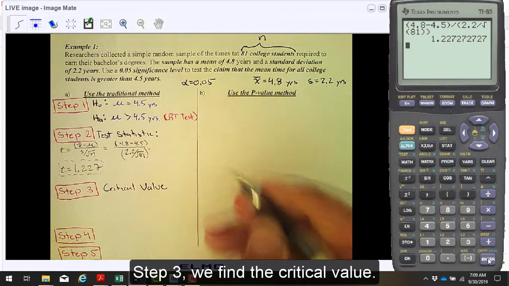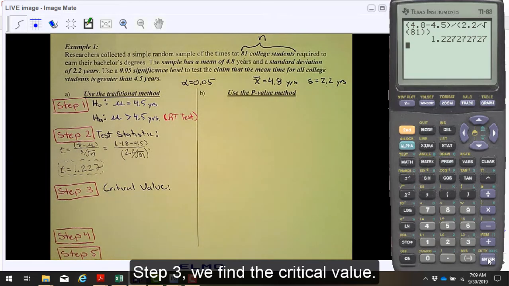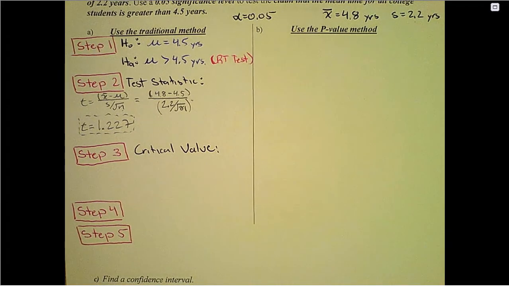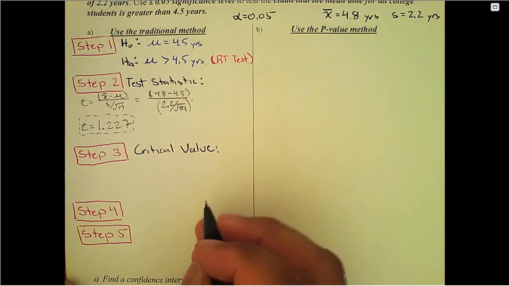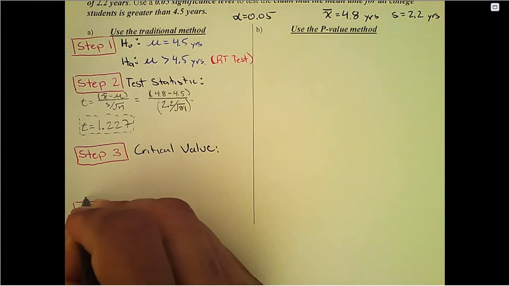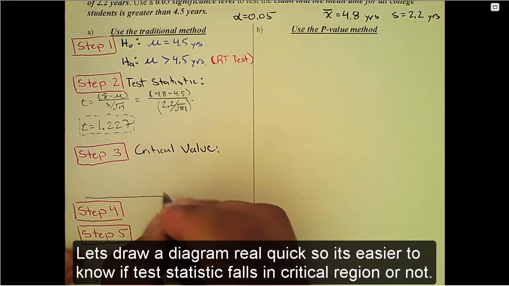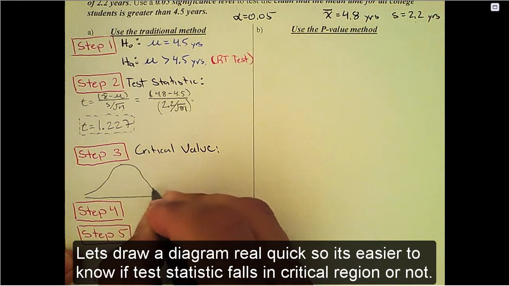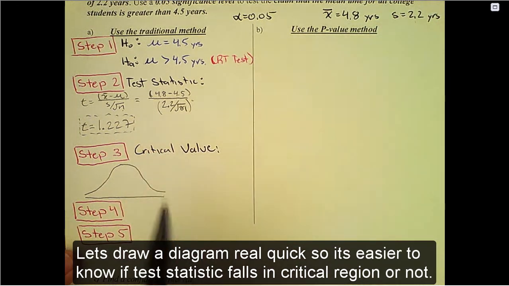Step 3, we find the critical value. Let's draw a diagram real quick so it's easier to know if the test statistic falls in the critical region or not.